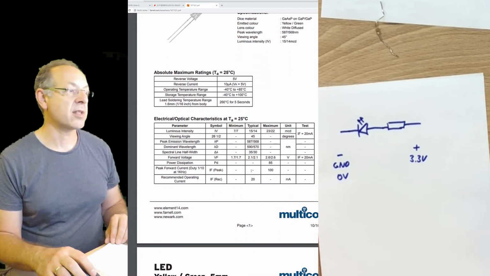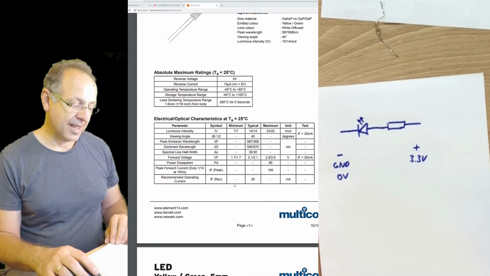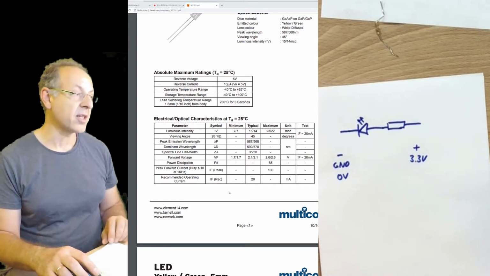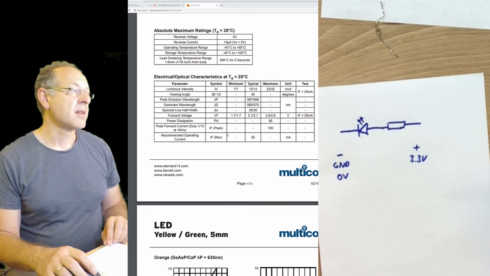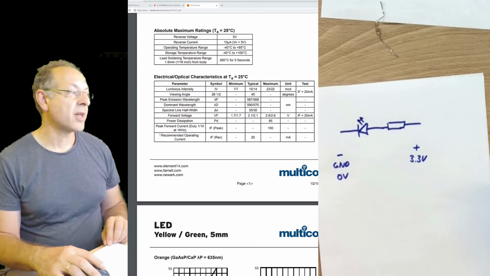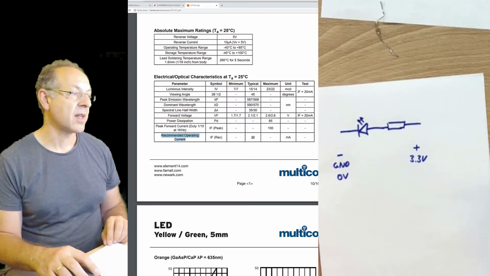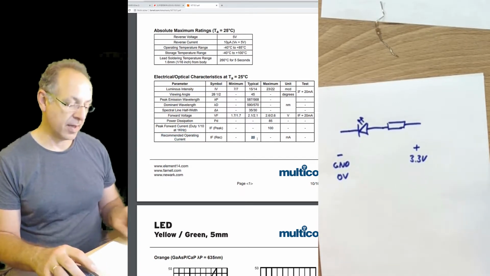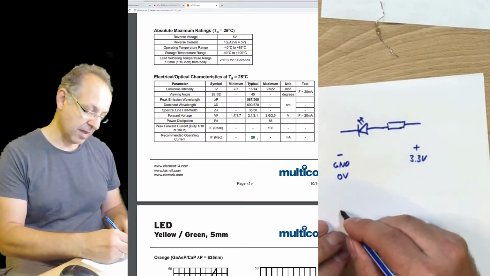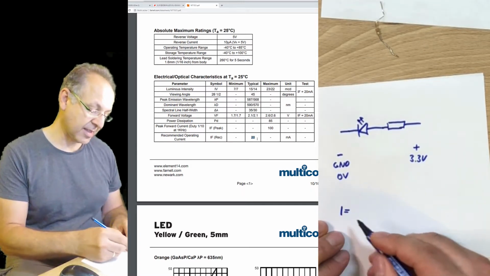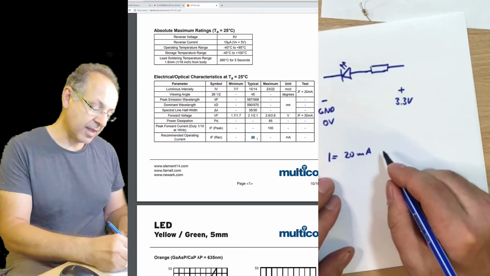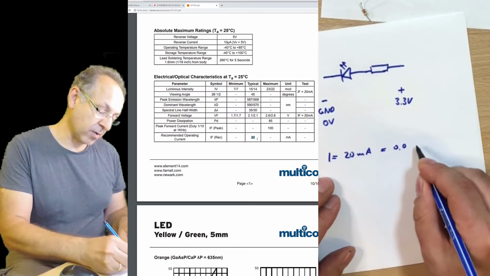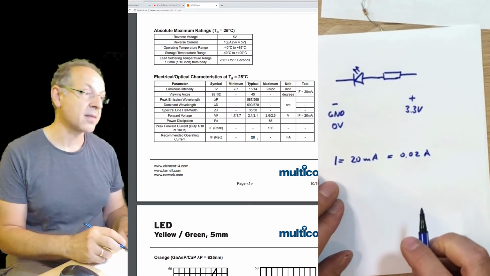But what's more interesting for us now is the electrical information. So what information do we need here? There is the recommended operating current, this one. And this is in our case 20 milliamps. So I write this down: I stands for current, is 20 milliamps, and 20 milliamps is 0.02 amps.